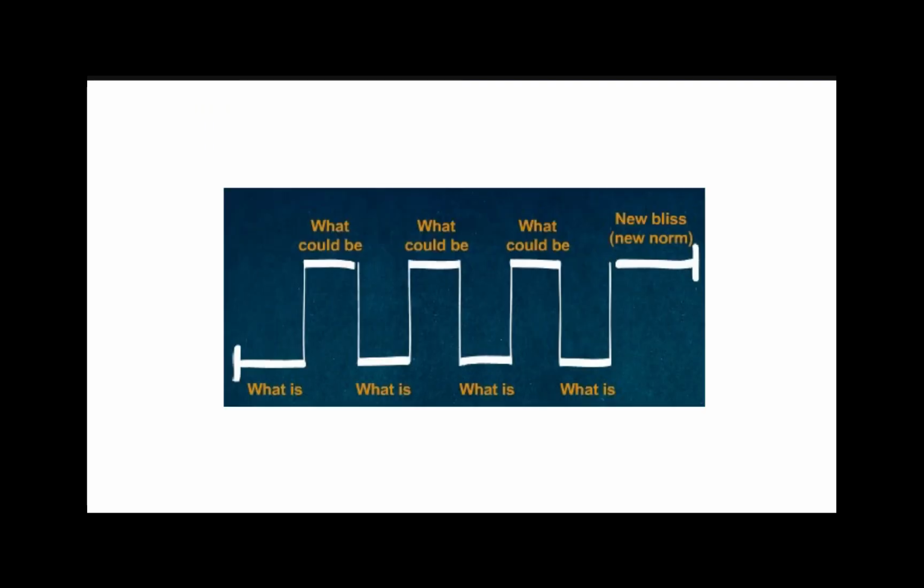They both have this really interesting pattern where they talk about what is versus what could be. And you have to create this contrast when you're generating interest, both visually and audibly, with what is and what could be.